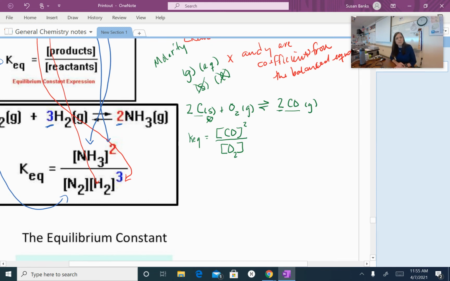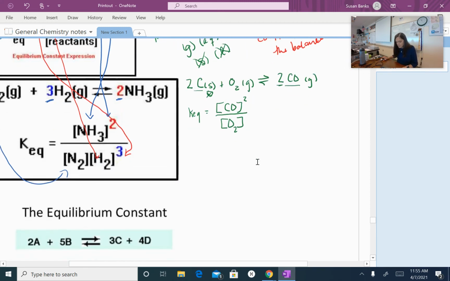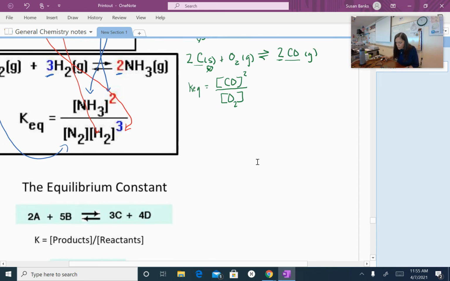So that is where we're going to leave this equilibrium expression. Okay? Did you have that for your equilibrium expression? If you put carbon in there, don't worry. Just know that you cannot put in solid or liquid things. Just relearn it. Let's do another practice. Okay? So let's do this one.